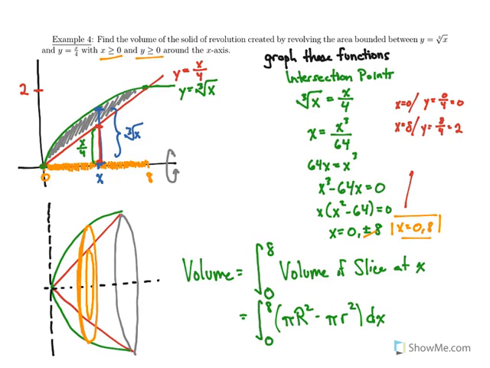All right, we're going to do this again, but we're going to go over a different axis this time. So find the volume of the solid of revolution created by the exact same area, this time around the y-axis. So we're going to redraw our shape, our area.